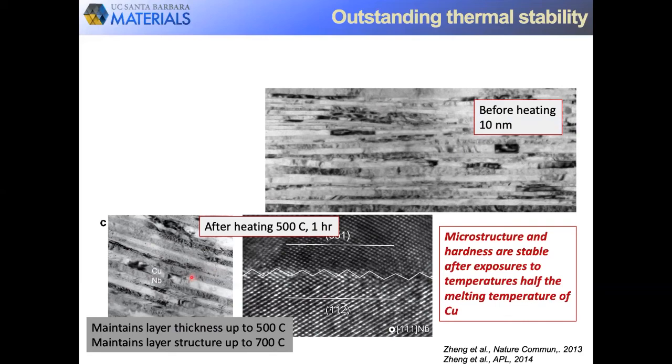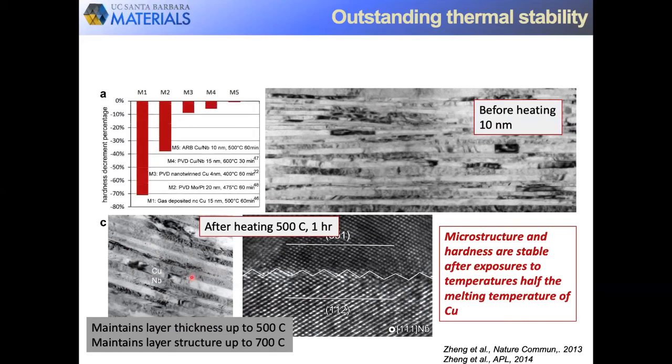And also the post-temperature hardness did not change. If we just take this percentage of decrement in hardness before and after the exposure, we find very little change. So amazingly stable. Now, if we compare that to the deposited material, we find that it is actually more outstanding in thermal stability than the deposited materials.